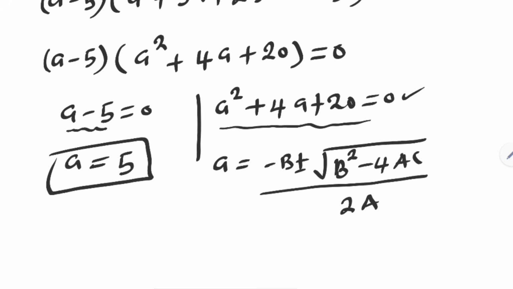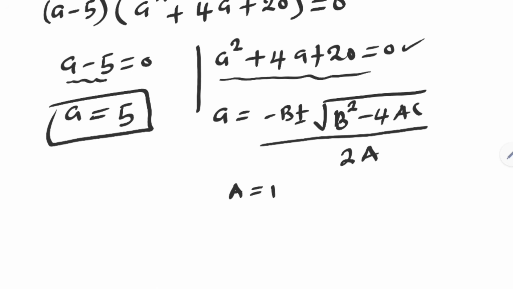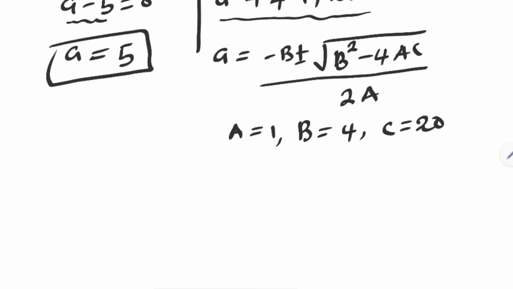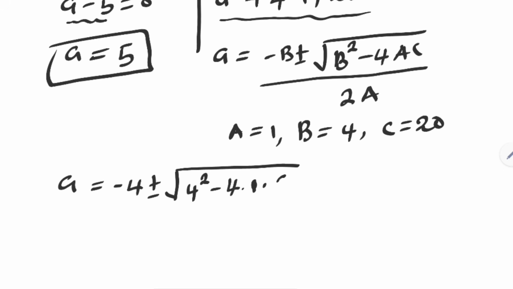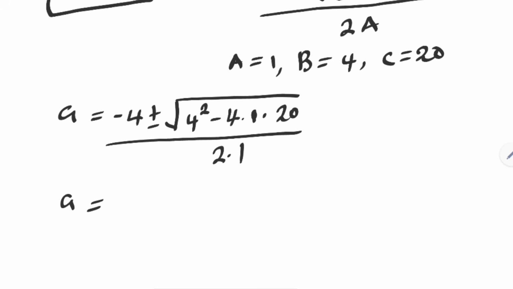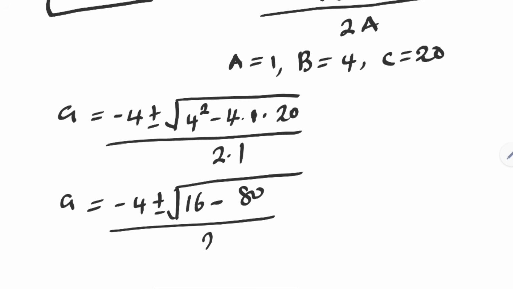And from this equation here, a is equal to 1, b is equal to 4, then c is equal to 20. a is equal to minus 4 plus or minus square root of 4 squared minus 4 multiplied by 1 multiplied by 20 over 2 multiplied by 1. a is equal to minus 4 plus or minus square root of 4 squared, that is 16, minus 4 multiplied by 1 multiplied by 20, that is 80, over 2 multiplied by 1, 2.